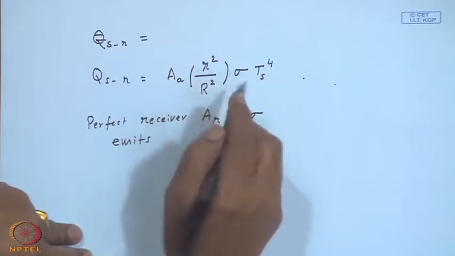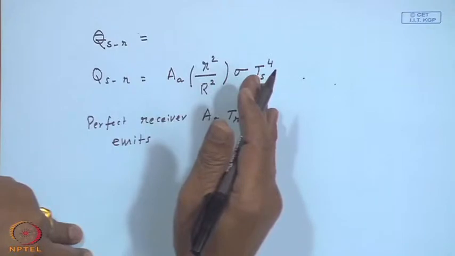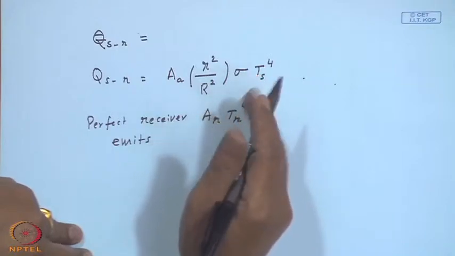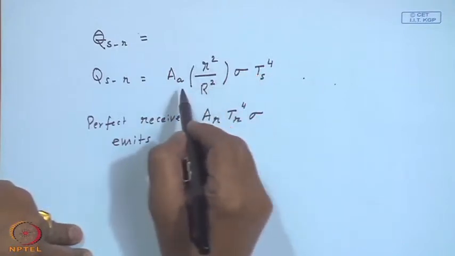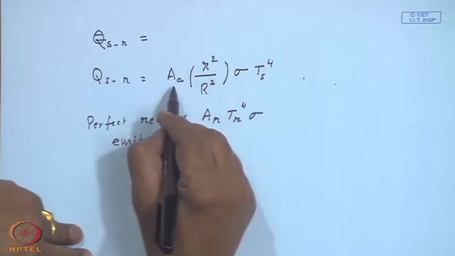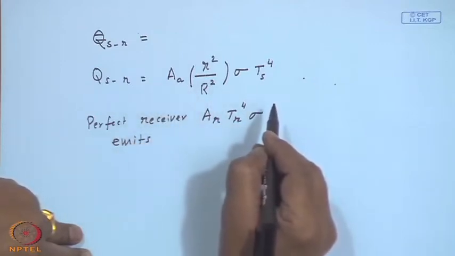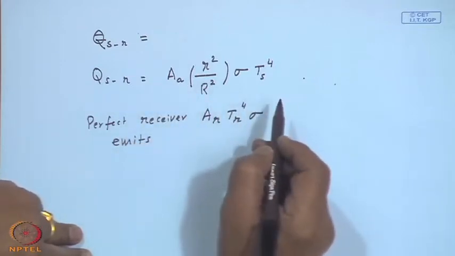Here you may be wondering, we are not really worried about the reflectivity etcetera. This is the radiation intercepted by the aperture, the same thing will reach the maximum to the receiver.